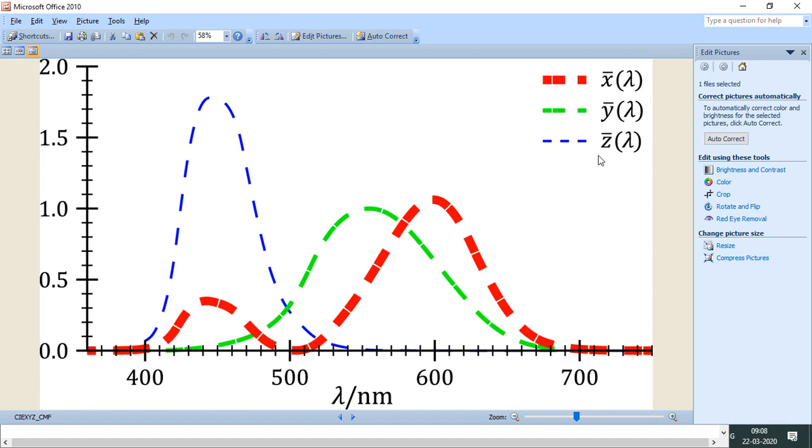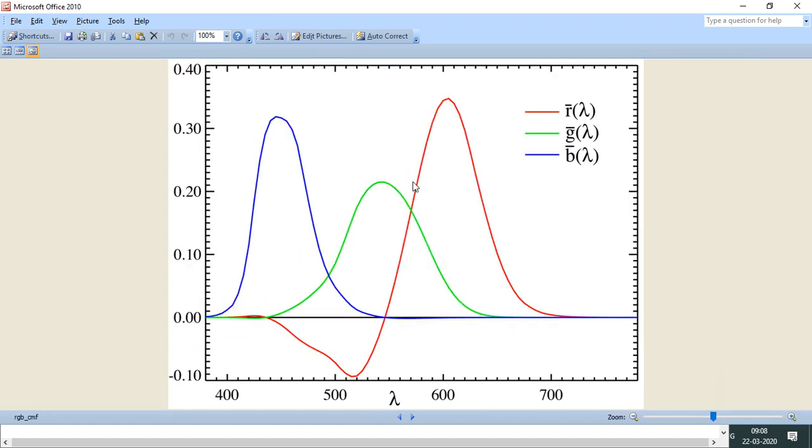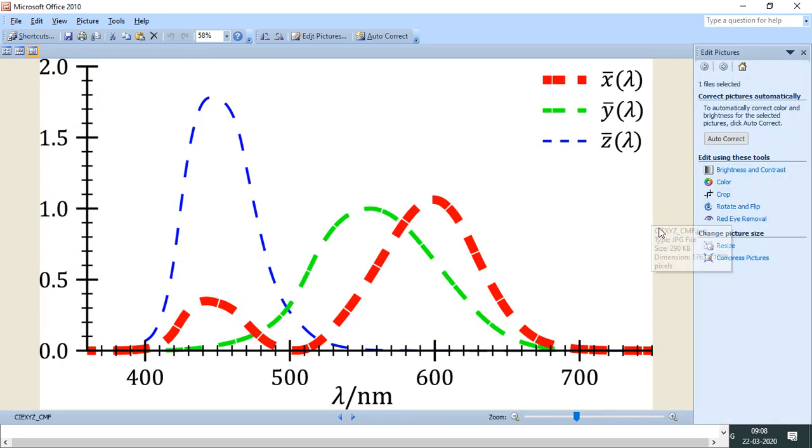These primaries are known as the CIE tristimulus values or CIE imaginary primaries, denoted by capital X, capital Y and capital Z. Okay, so just as we used the three RGB primaries to plot the CIE RGB color matching functions, and after mathematical conversion, in order to convert all this data to the positive side, we get this CIE XYZ color matching function.